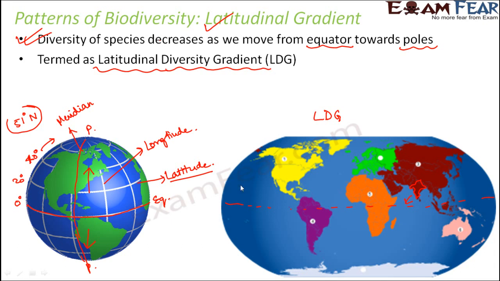So as you can see, near these places, these are the areas where the diversity is more, and these are the areas where the diversity is less. Therefore, near the poles, the variety of plants and animals is quite less as compared to the regions which are near the equator. So that is why we talk about latitudinal diversity gradient. I hope this concept of latitudinal gradient is clear here.